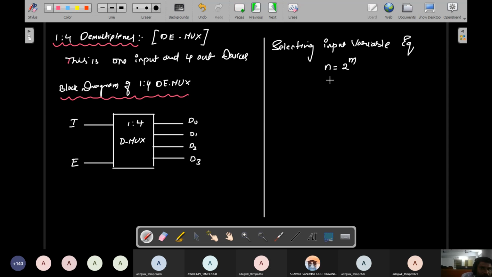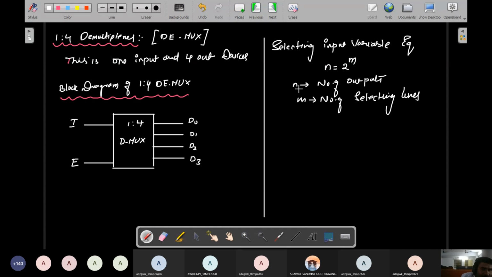Here n is the number of outputs and m is the number of selecting lines.